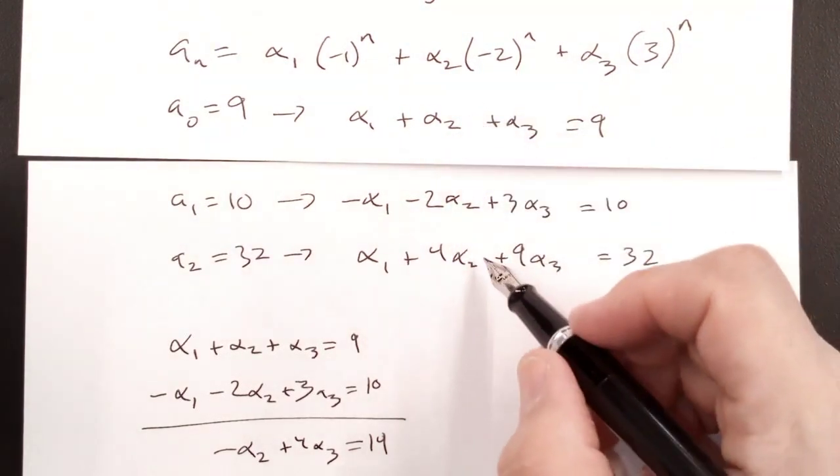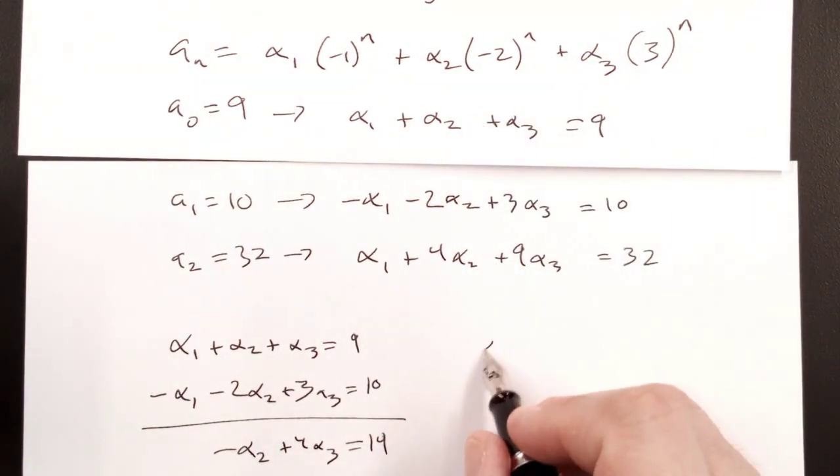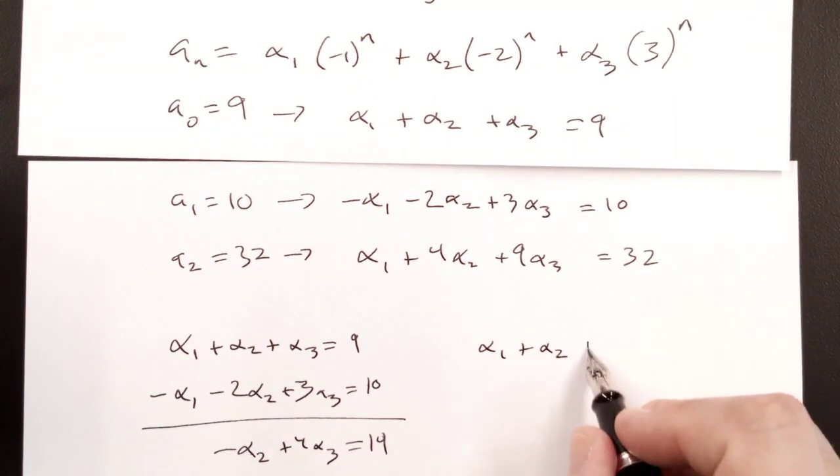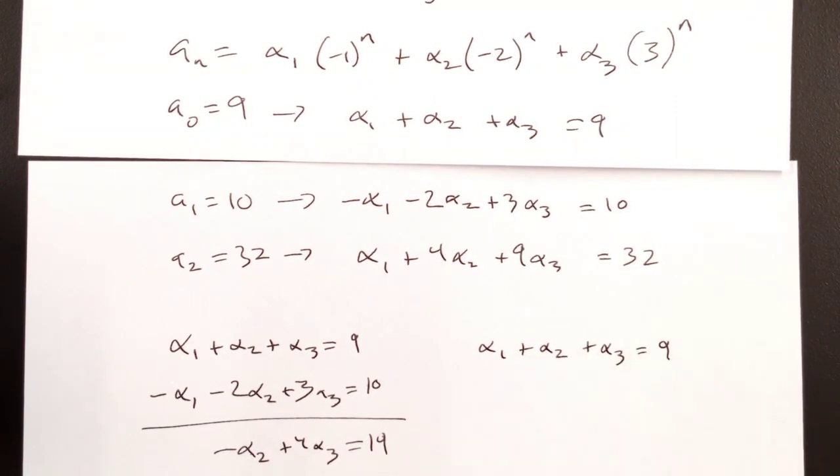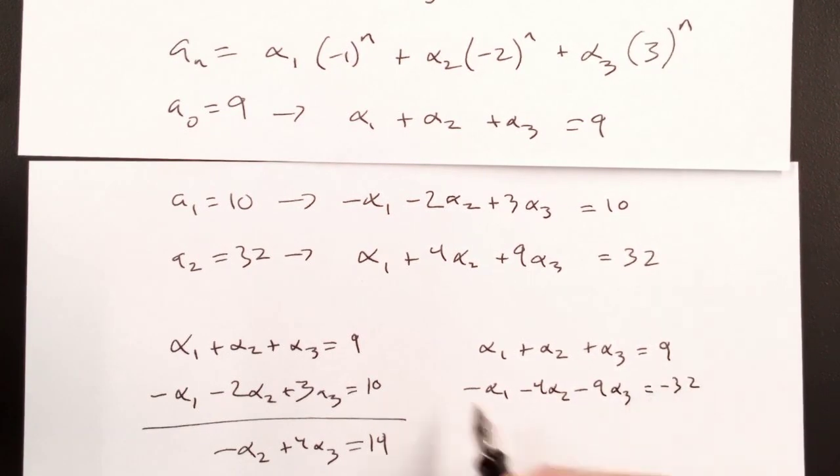Similarly, if I take the first equation and the third equation, alpha 1 plus alpha 2 plus alpha 3 equals 9, I'm going to take that third equation and make it negative. Negative alpha 1 minus 4 alpha 2 minus 9 alpha 3 equals negative 32. The alpha 1s will cancel out again, won't they?